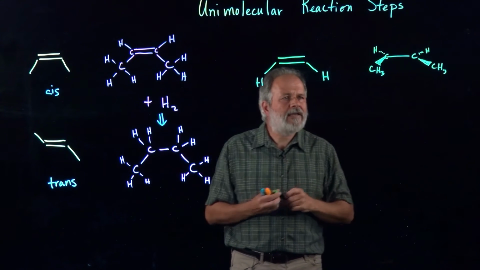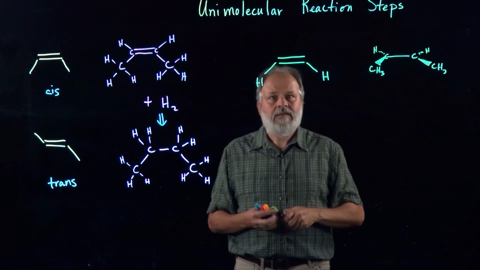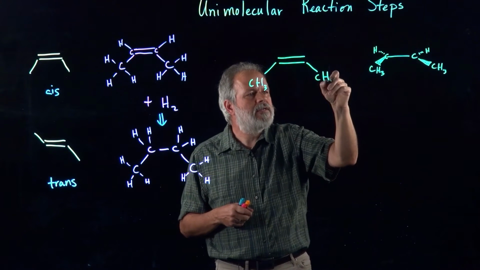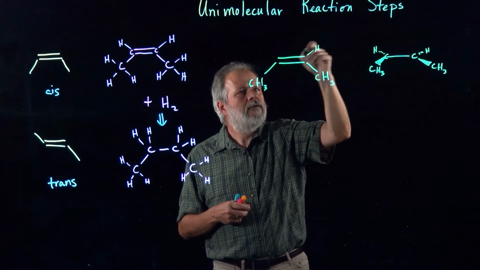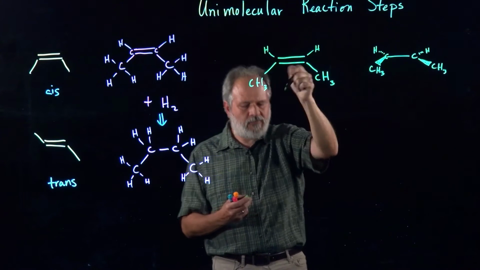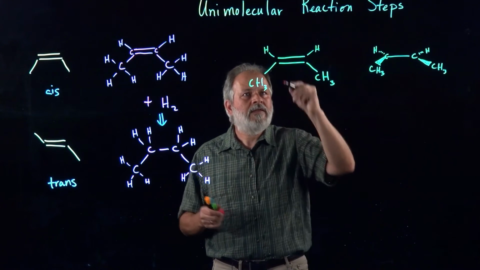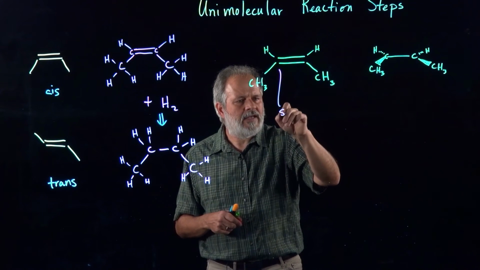Okay, so when you look at the geometry, CH3, there are 3 groups of electrons. So this carbon here is sp2.